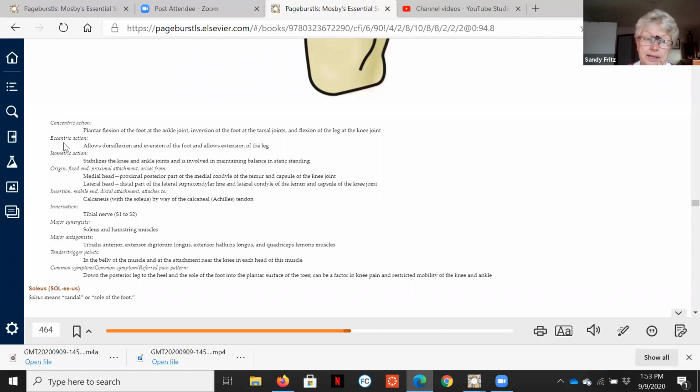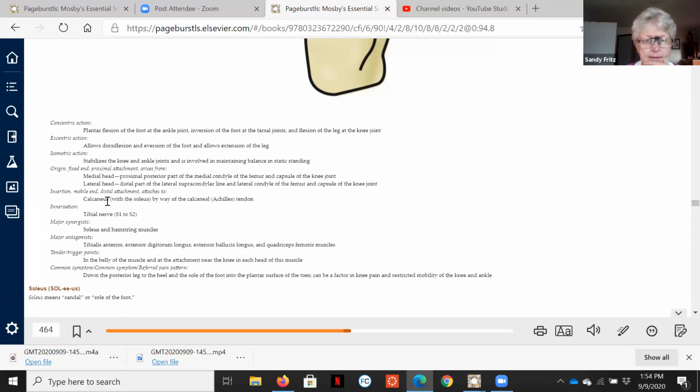And when it's functioning eccentrically, it allows for the ankle to go in the opposite direction of dorsiflexion and eversion, but it also allows extension of the leg. So sometimes if the leg cannot fully go into extension, maybe it's this helper muscle down here that is involved.